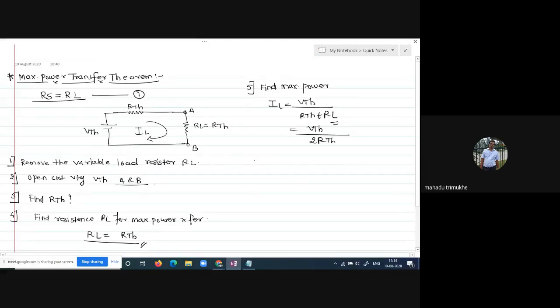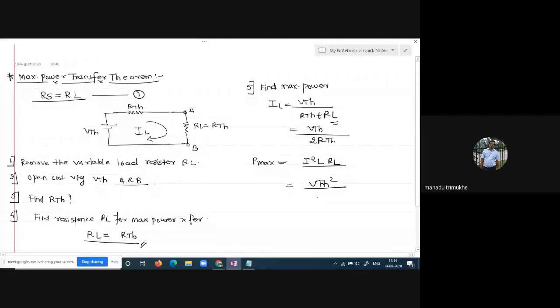For the maximum power transfer theorem, you know how to calculate power: power is equal to I square R. So Pmax is equal to IL square multiplied by RL. If you put in this value, you get VTH square divided by 4 RTH.